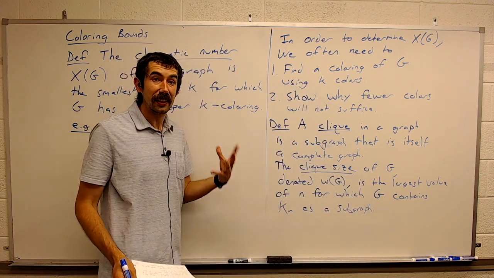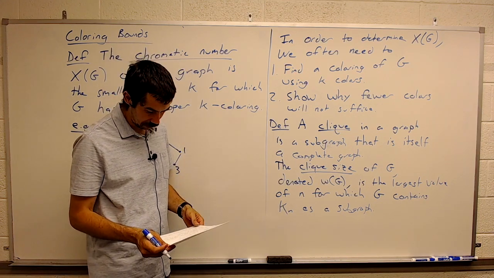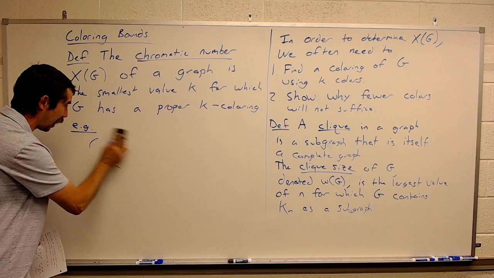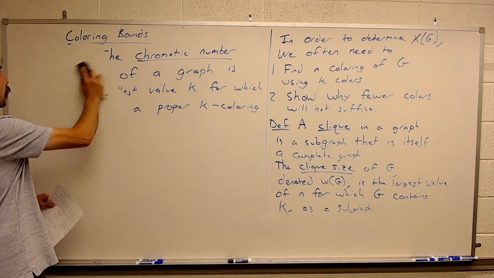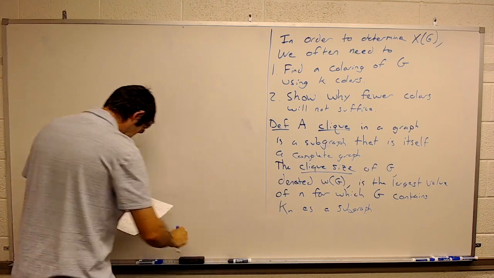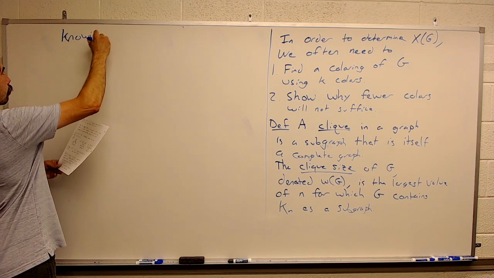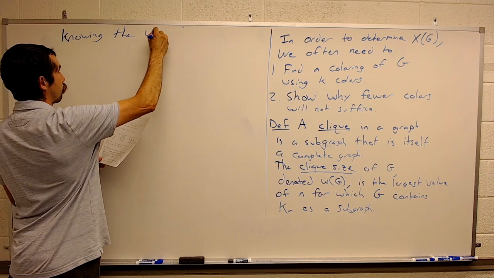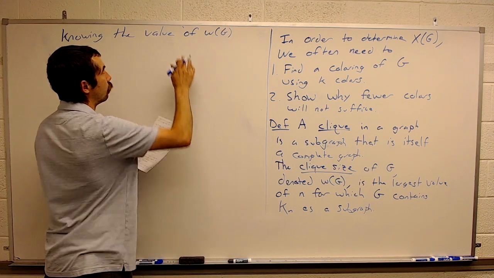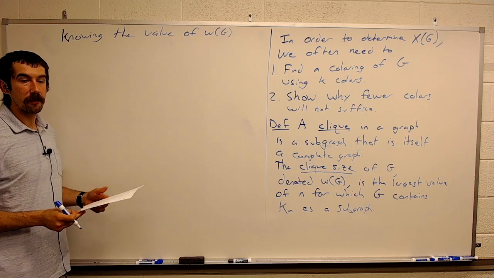Meaning it's the biggest possible clique in the graph. That is our clique size. Okay, and knowing the clique size gives us a bound for our chromatic number. So if we could determine the value of our clique size, we get a lower bound for our chromatic number.